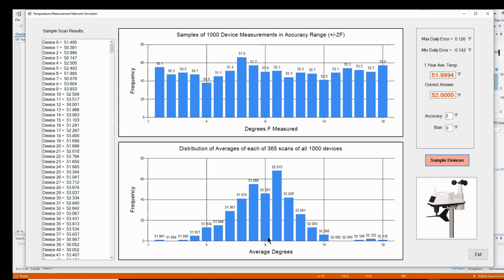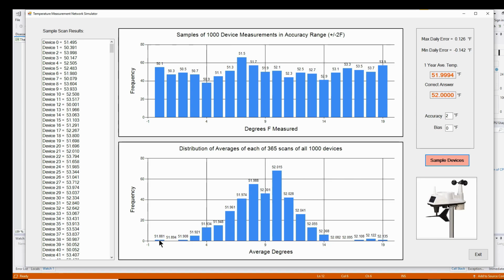On the bottom here, I have 365 averages. I'm taking those 365 averages of each day's readings and putting them into another histogram to see what the averages look like. Not the individual readings, but the daily averages.